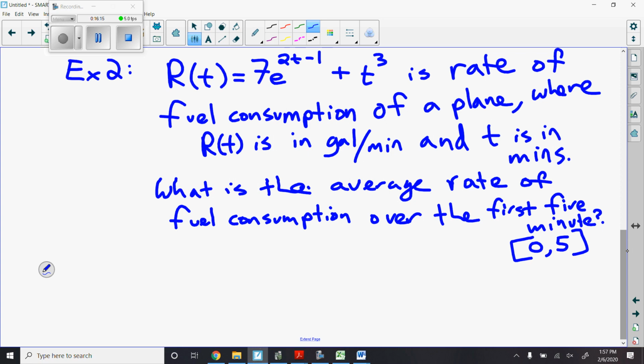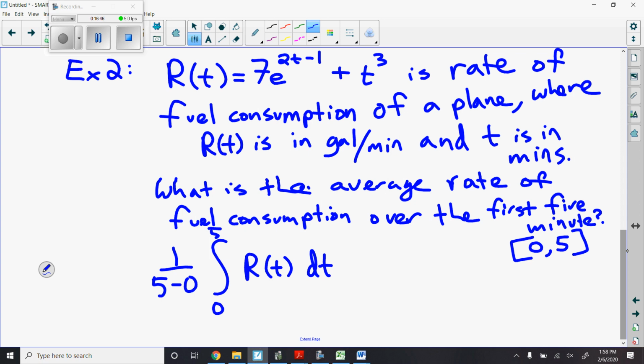So if I want to figure out the average fuel consumption over those first 5 minutes, right, I'm going to do this by doing 1 over B minus A, so it'll be 1 over 5 minus 0, times the integral from 0 to 5 of my function R of T dt. Okay.